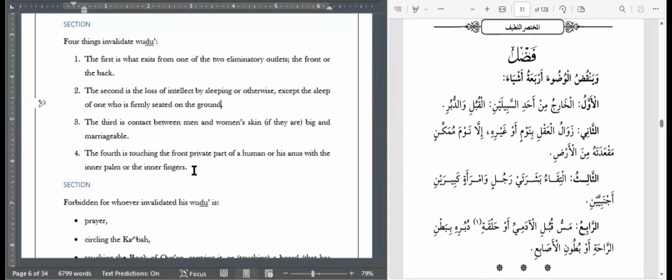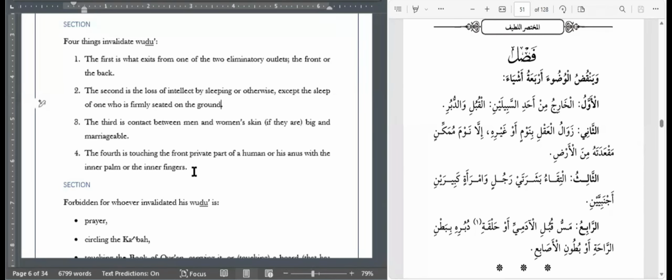From here, also, some women have a question. They say sometimes there is a natural moisture from the vagina. It's not the moisture of arousal, which is called madhi, al-madhi, pre-ejaculation. For a man, they call it pre-ejaculation. Not the moisture of arousal, rather it's just something else, a natural moisture.